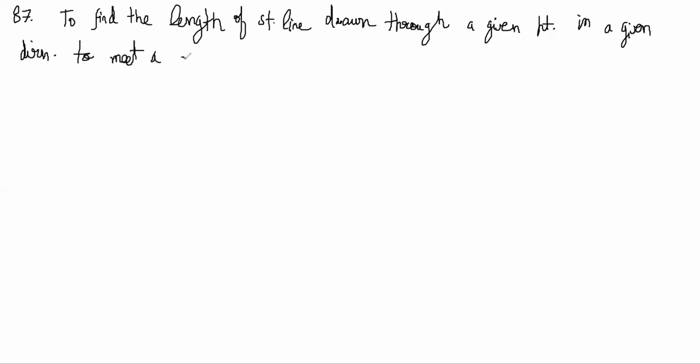So basically I will show you in a figure. To meet a given straight line, so let's say there is a straight line given. There's a point given, P, right? And suppose you have to find this length.